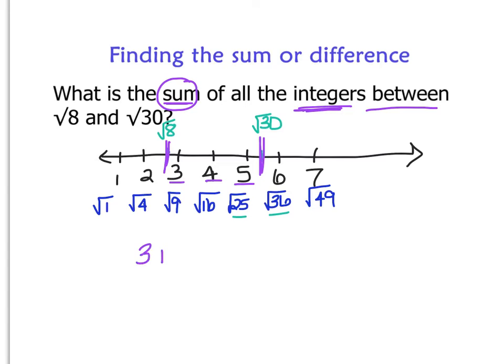So all I need to do is 3 plus 4, which is 7. 7 plus 5 equals 12. So I put my perfect squares, my square roots underneath my integers, determine where the square roots are that I'm looking for, and then look at my numbers in between.